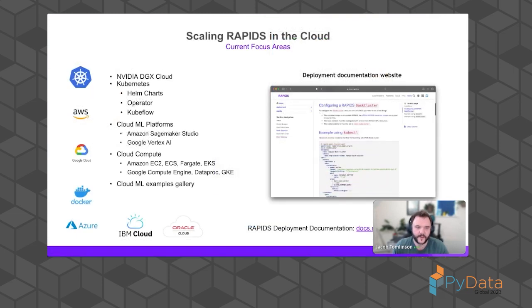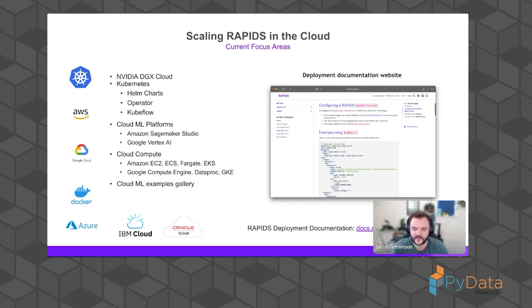So being able to mix RAPIDS and Dask together means that we have to think about how we deploy GPU clusters on the cloud with Dask running so that we can use this as an end user. How do I actually get all of this? We put a lot of effort over the last year in RAPIDS into a RAPIDS deployment documentation website.